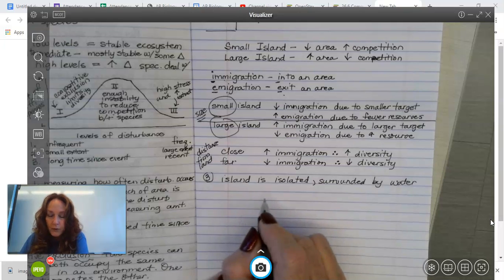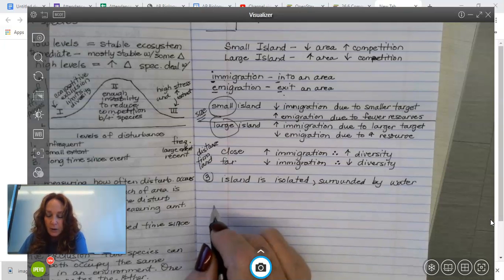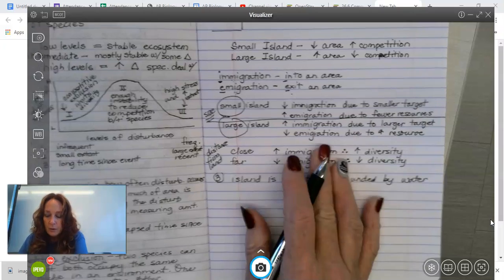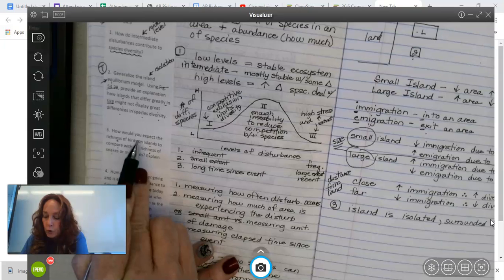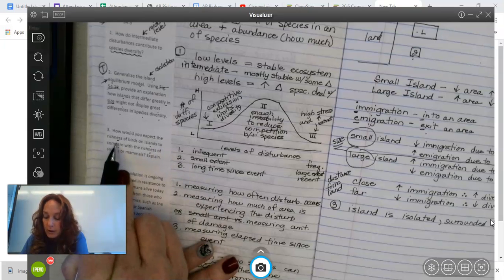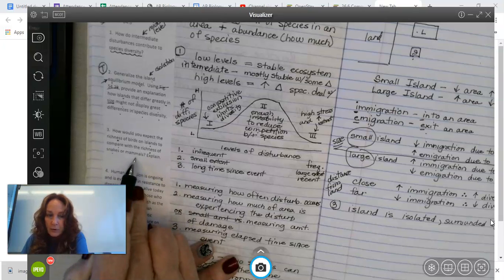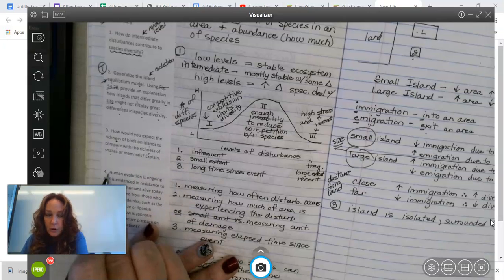So what they're wanting you to state in questions like that is something super simple. They said, how would you expect the richness of birds to compare with the richness of snakes or mammals. So the answer is going to have to be either higher richness or lower richness, because I'm comparing.